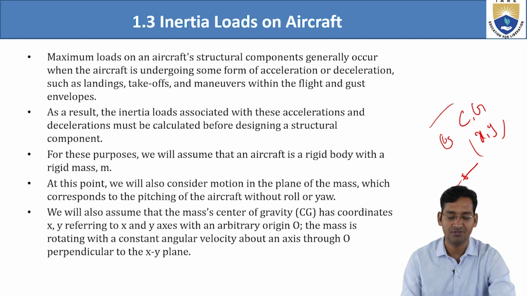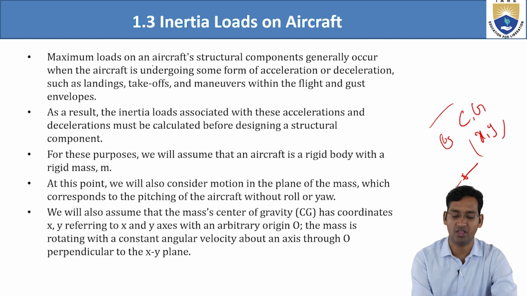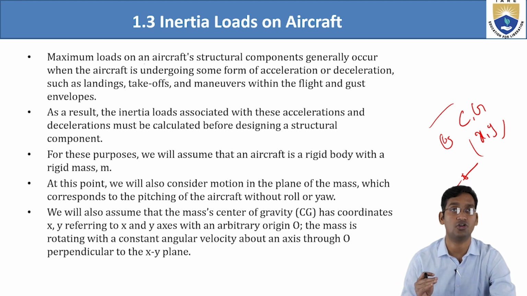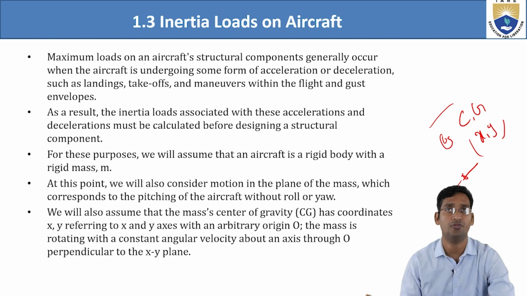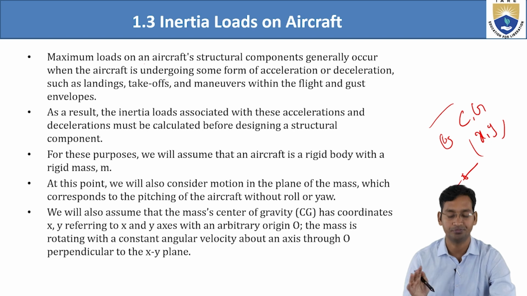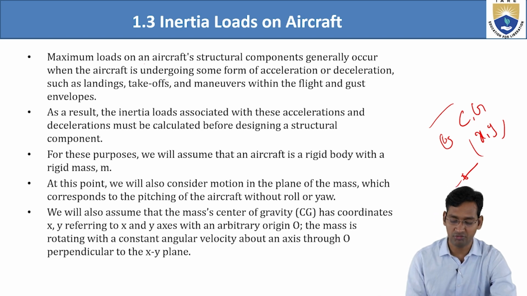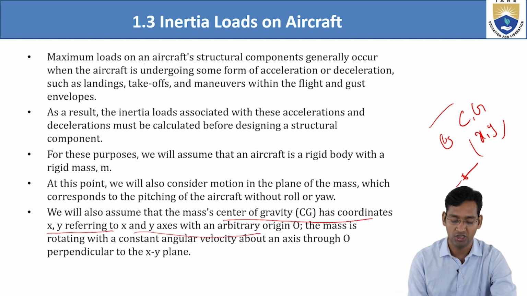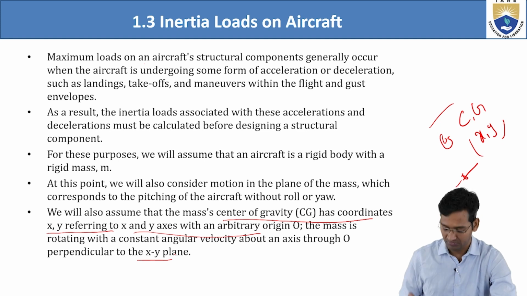Now next is inertia load. Maximum loads on an aircraft structure component generally occur when they are in acceleration or deceleration. That means at the time of landing, takeoff or maneuvering, when the speed is increasing, whatever load they experience is called inertia load. In that, we assume the center of gravity has coordinates x, y along the xy axes about an arbitrary point O, and the axis is perpendicular to the xy plane.